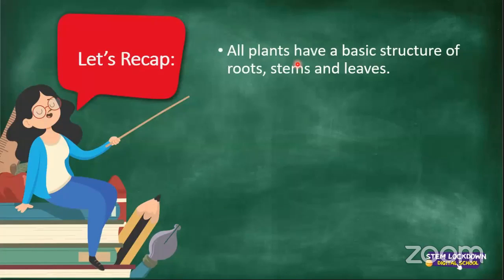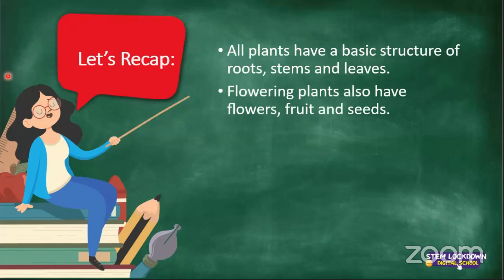Let's quickly recap because we're getting to the end of our lesson, and I quickly want to show you your homework. Remember that all plants have a basic structure of roots and stems and leaves. Flowering plants also have flowers and fruits and seeds.